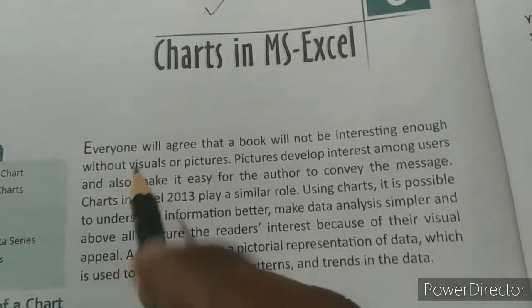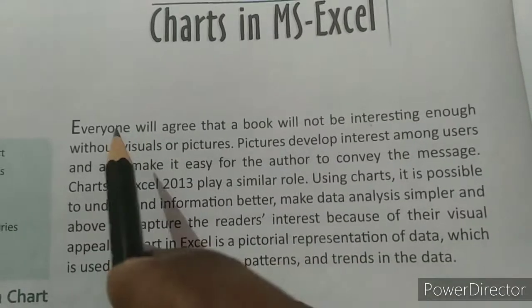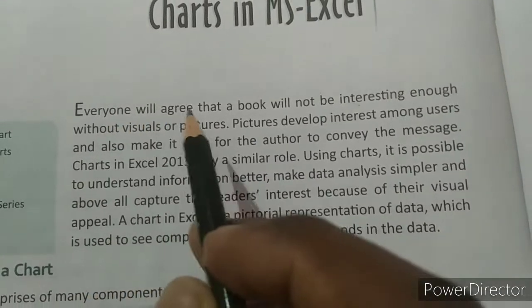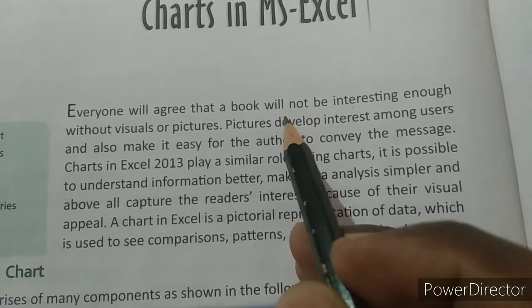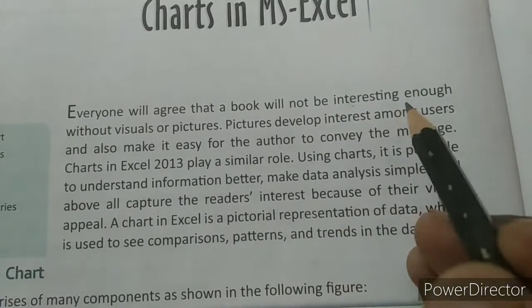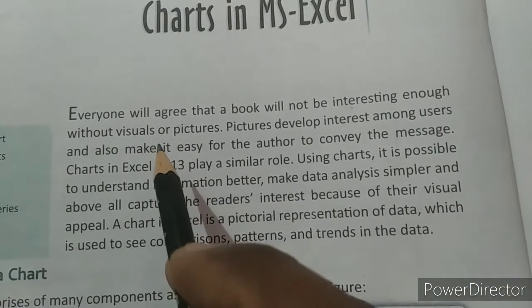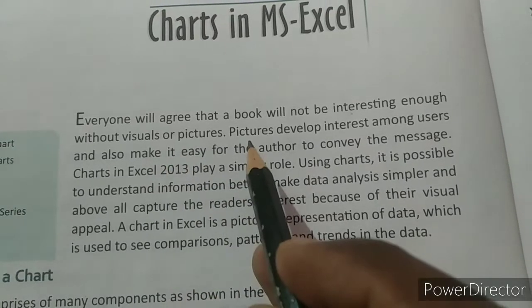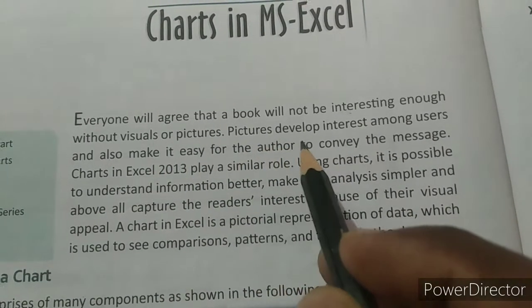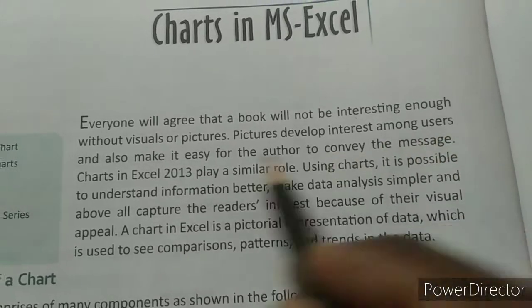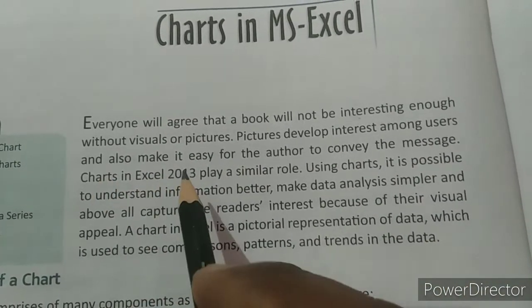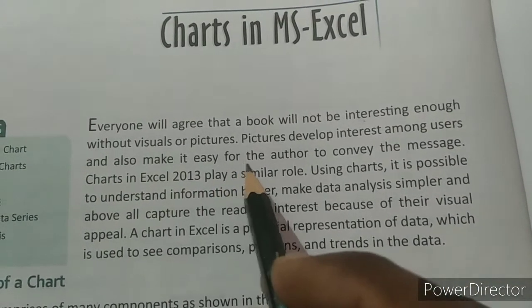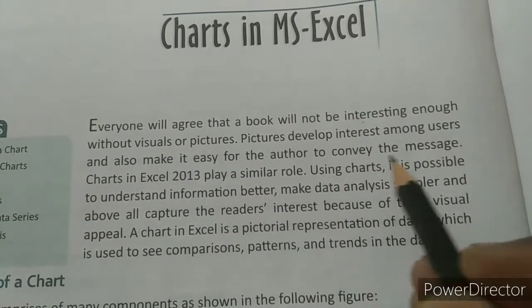So let us start. First of all, we will read what has been written in your book. Everyone will agree that a book will not be interesting enough without visuals or pictures. Pictures develop interest among users and also make it easy for the author to convey the messages.